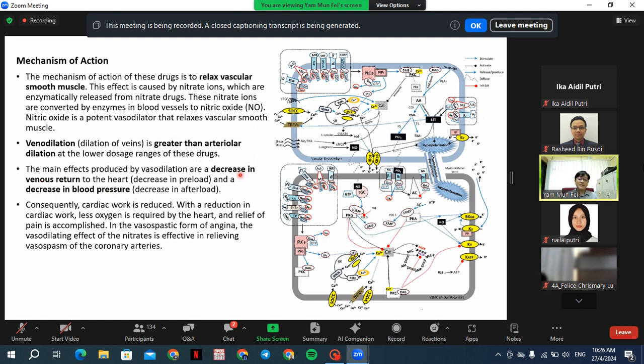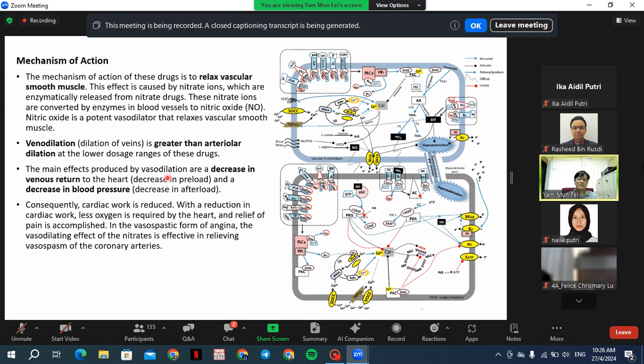Once you dilate, they will decrease the venous return, because the veins serve as a reservoir for your blood. Once dilated, they will keep more blood in order to bring the blood back to your heart. So that's why we call it a decrease in preload.